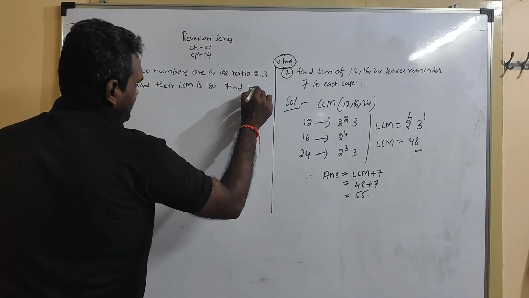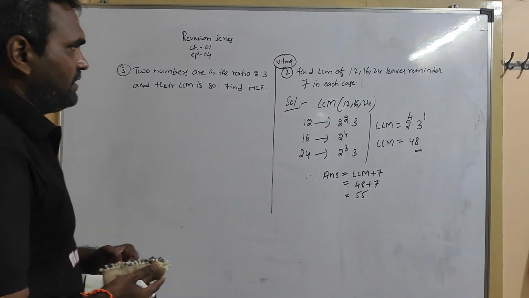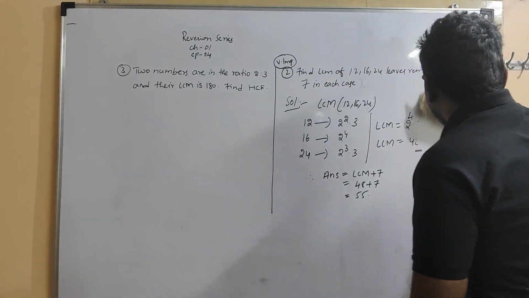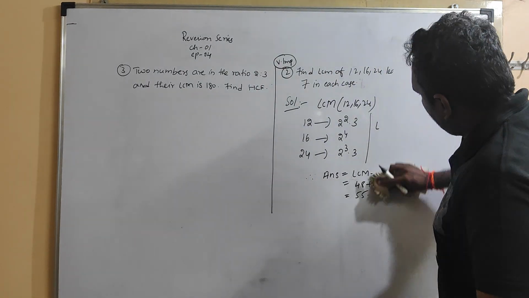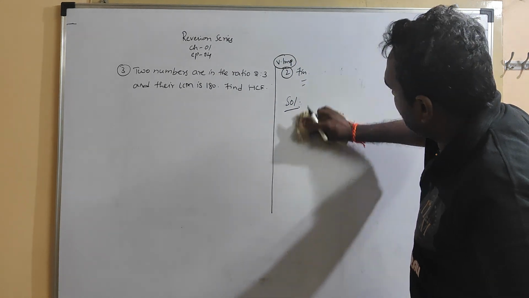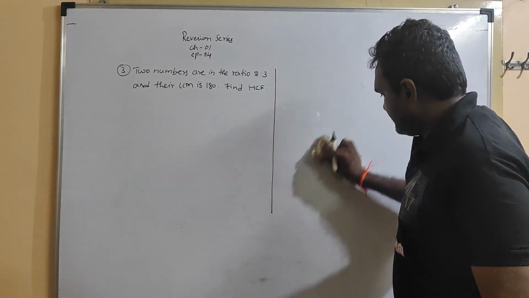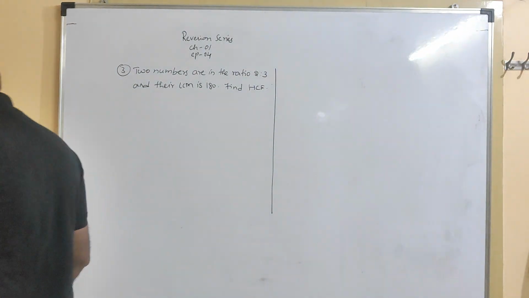Find HCF. This is also one of a different model. Ratios they are giving of the 2 numbers, and after ratios they have given LCM also, and they are asking to find HCF.